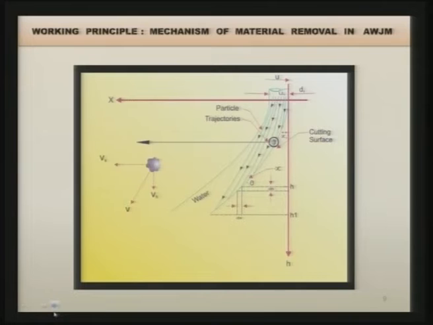Now, when the abrasive water jet has penetrated inside the workpiece surface, in what direction is this jet moving? As it enters inside the workpiece surface, as you can see, it is following a curved path, and if you see a particular particle, it has two velocities.